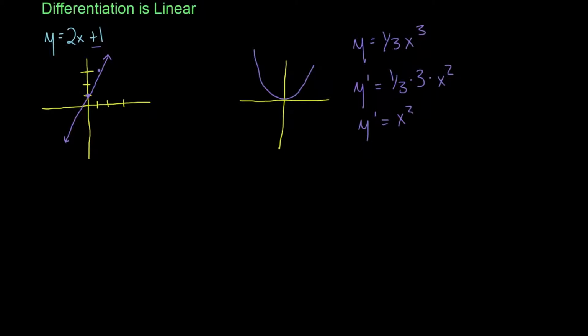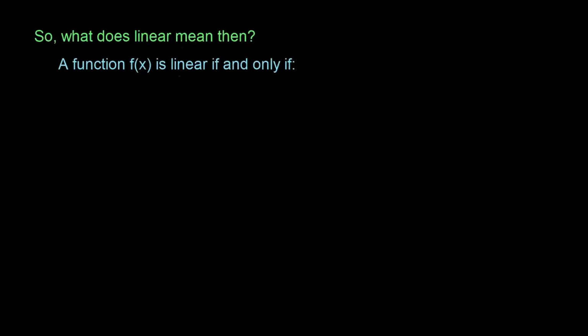So what does it mean? Linear as it's being used here has a precise definition in linear algebra. For a function to be linear, there are two properties that have to hold true. The first one is, if we have f of x plus y, then whatever this equals is the same as f of x plus f of y.